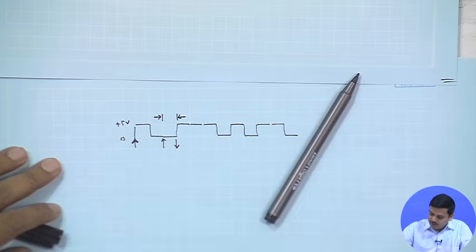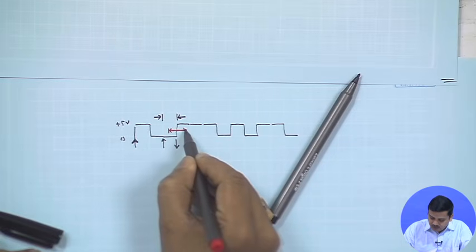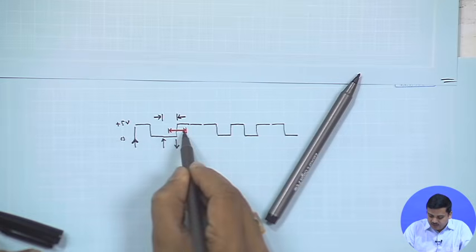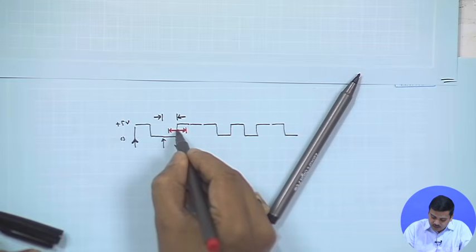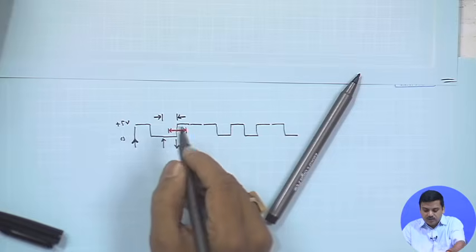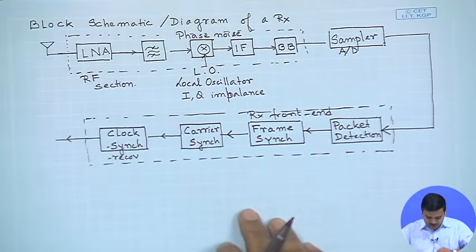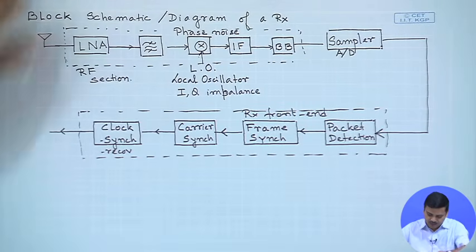Instead, if one tries to capture this interval, which we will see in a later lecture, then what happens, half the interval there is a 0, half the interval there is a 5. So overall you are going to get something which is in between, and it will not be able to decide whether a 0 was sent or a 1 was sent. So it is very important to do the synchronization tasks at the receiver. So that is why we have this sequence of operations at the receiver, right.